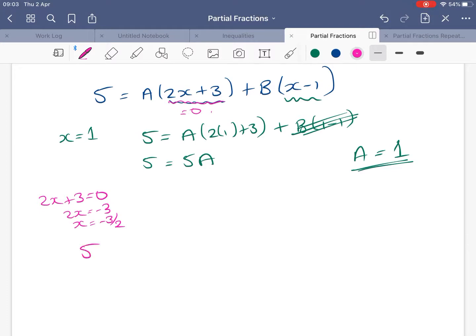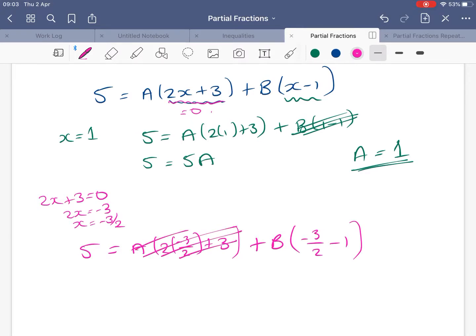So I'd have 5 equals a bracket, and I'm going to write this in just because I know it's going to be 0, but I want to illustrate it. So I've got a times (2 lots of minus 3 over 2 plus 3) plus b times (minus 3 over 2 minus 1). Okay? We know this a bracket is going to be 0, because that's the value of x that we chose to make that bracket 0.